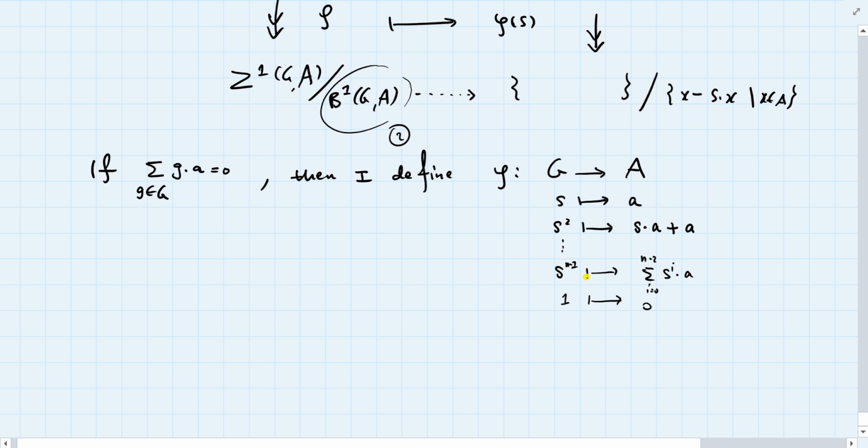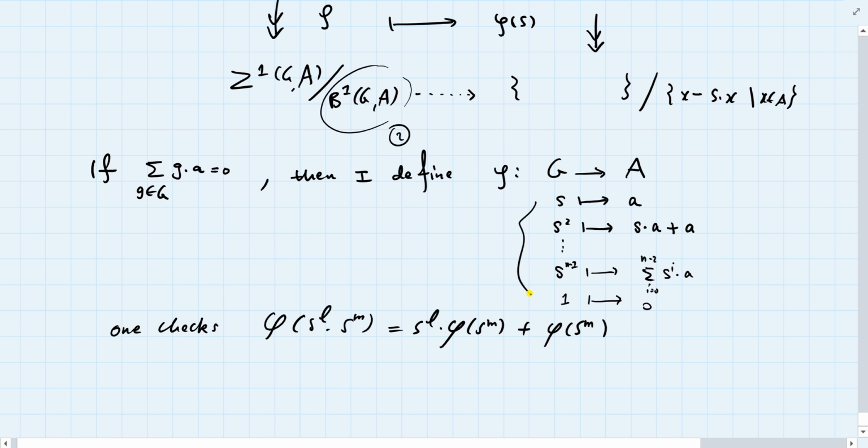So I already defined a function. You have to check by this definition. One checks phi SL. SL equals SL phi SL plus phi SL. Just check it. You will say, okay, it works.